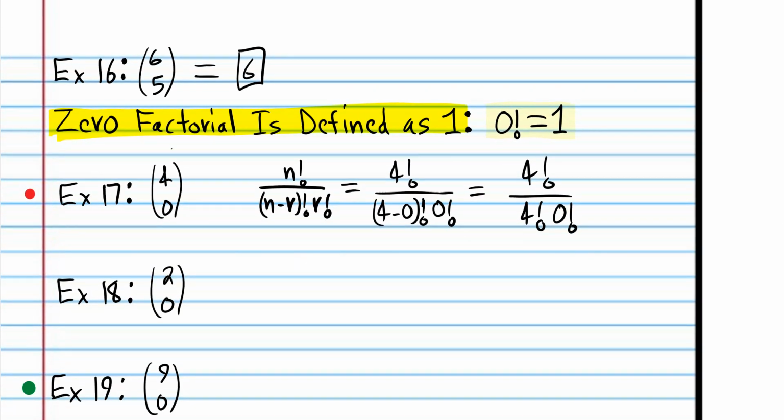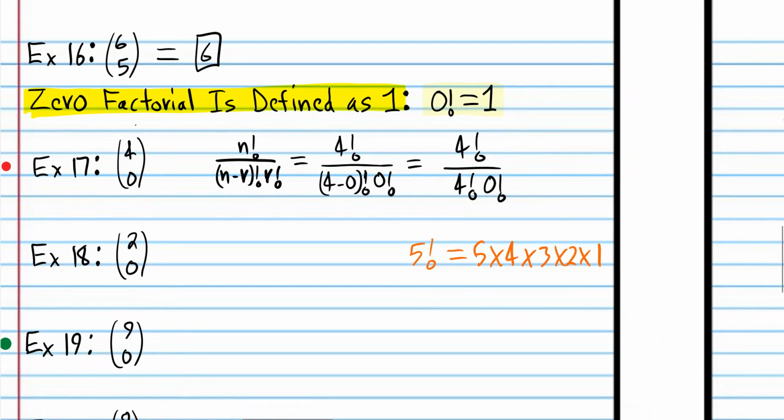Well, 5 factorial, for example, is 5 times 4 times 3 times 2 times 1. We learned that in previous classes.